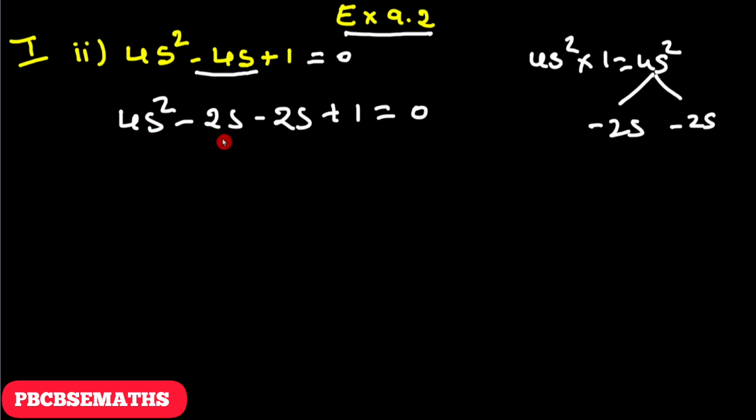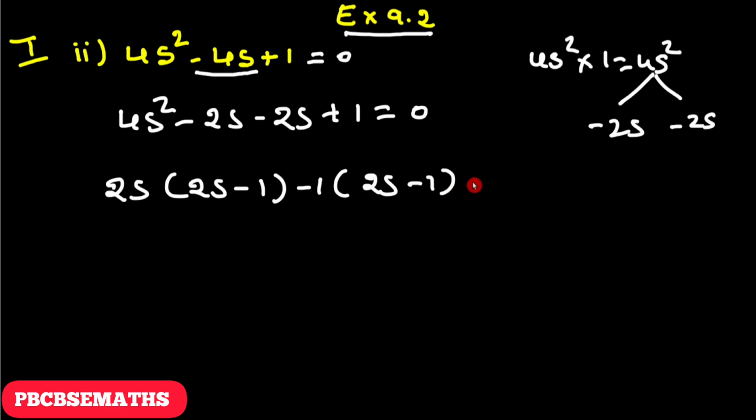Let's factor out 2s in the first two terms. If we factor out 2s, then the first term we have that 2s, and in the second term we have that minus 1. And in these two we don't have anything common, so let's factor out minus 1. Then we have 2s at here and minus 1 at last equals 0.